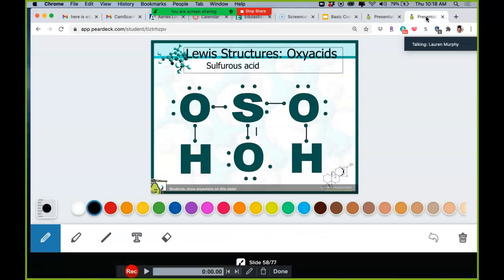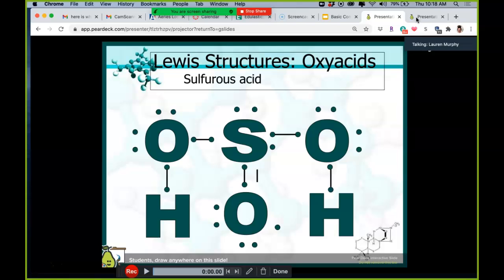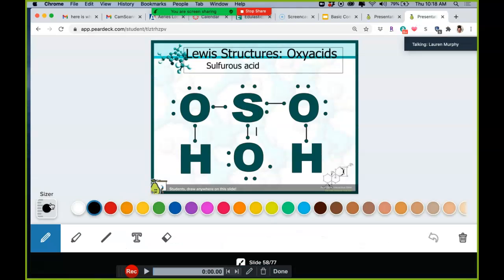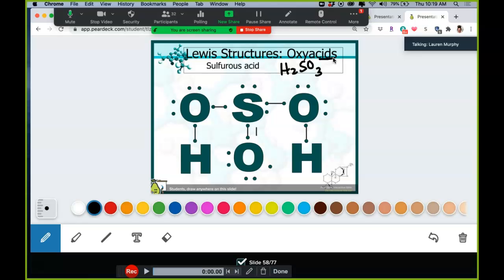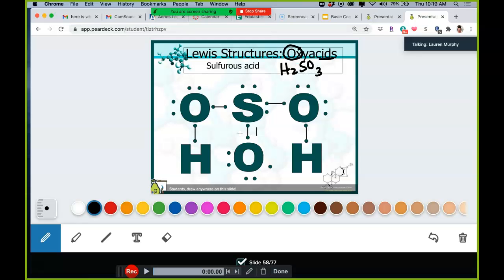Oxy acids. So this is H2SO3. And I don't need you to draw it. Just know that oxy acids, so these are acids with oxygens in them, like a polyatomic ion that has oxygens, the acidic hydrogens, this is what makes it acidic, are always attached to the oxygens.